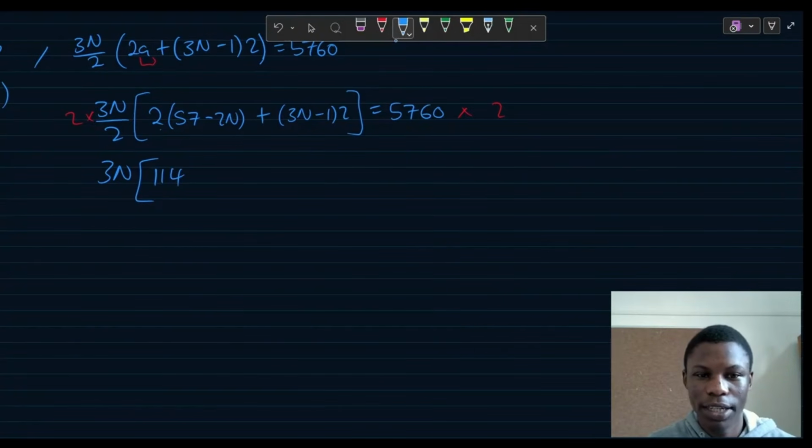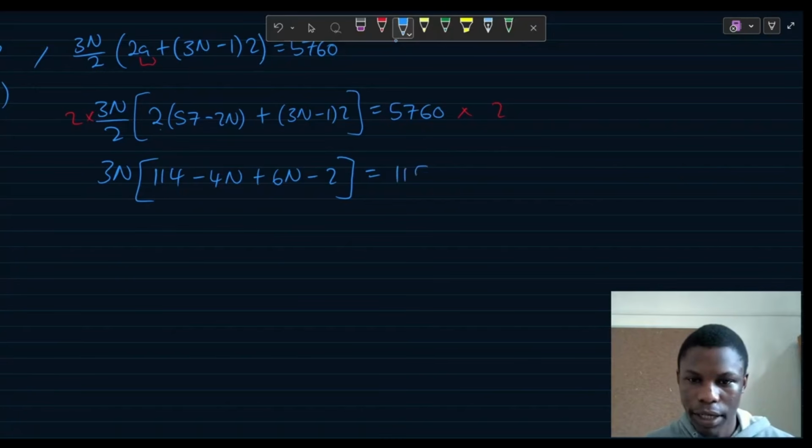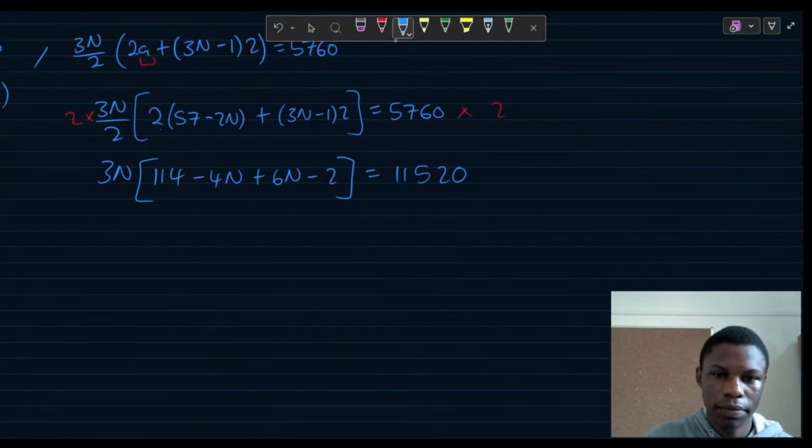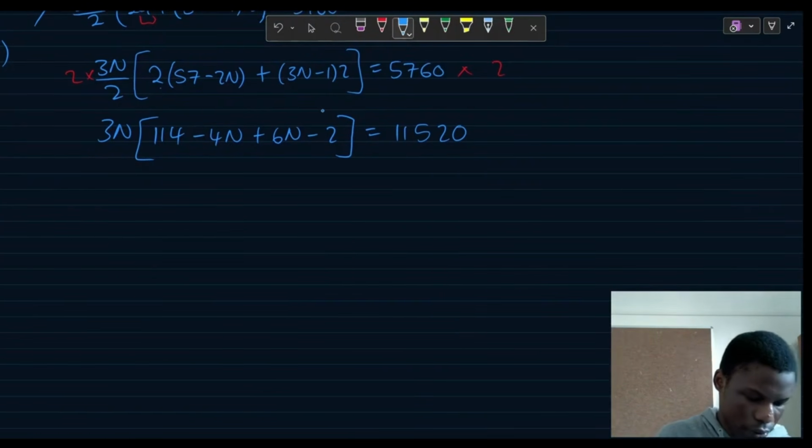Shocking. 2 times negative 2n, negative 4n, plus 3n times 2, 6n, minus 1 times 2, minus 2. And this is equal to 5760 times 2, 11,520. Should probably have divided by 3 as well. What do we get if we divide by 3?